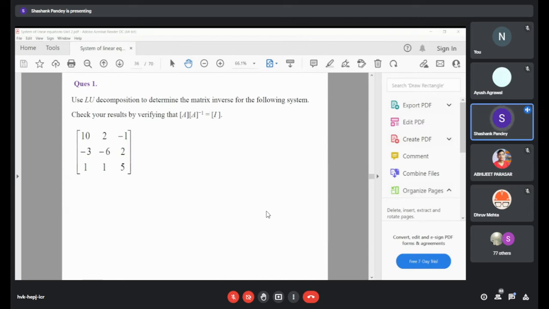Your calculator can calculate the inverse directly from this. But your calculator will not be able to solve once it is a 4x4 matrix.